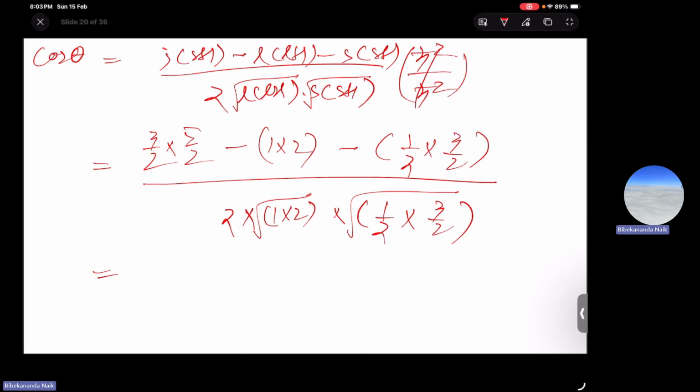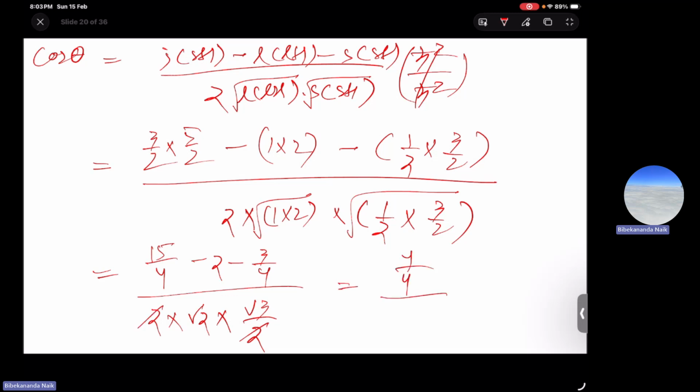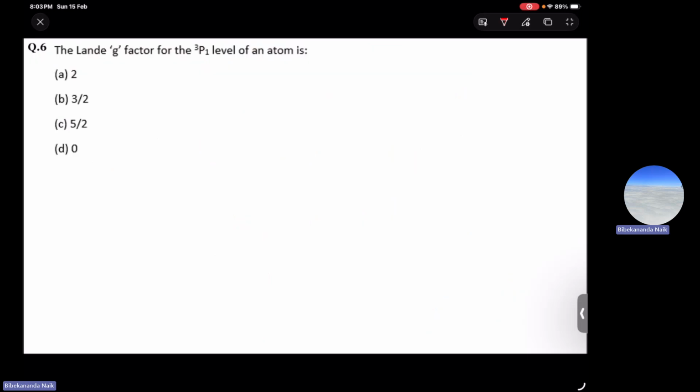So it will be 15 by 4 minus 2 minus 3 by 4 divided by 2 into root 2 into root 3 by 2. So they get cancelled out. So this we calculated it was 4 by 4 divided by root 6. So it is 1 by root 6.